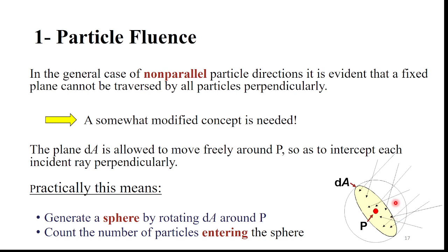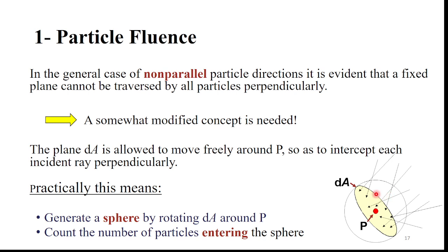Now, to address this problem, we need to change the concept a little to calculate the particle fluence in such a non-parallel radiation field. If we have a case like this, what should we do? Regardless of the particles' angle of incidence, we can do something.